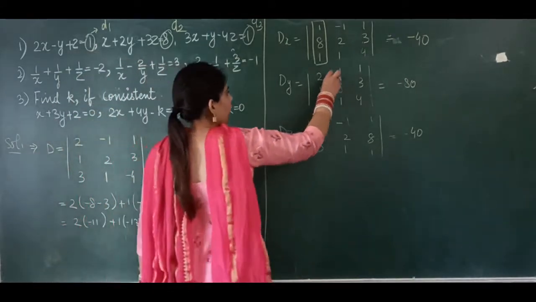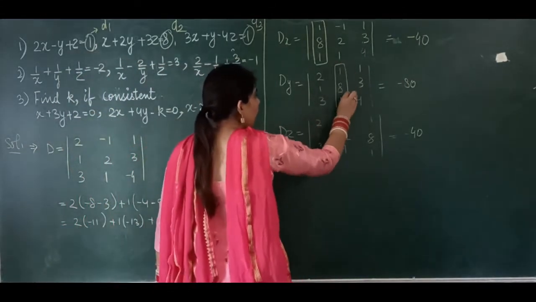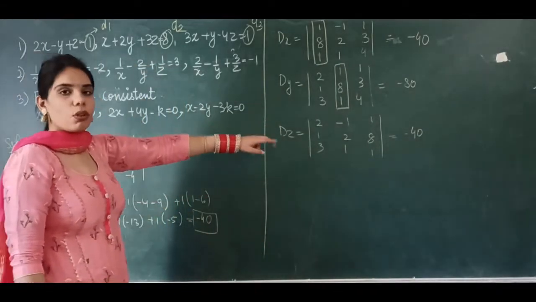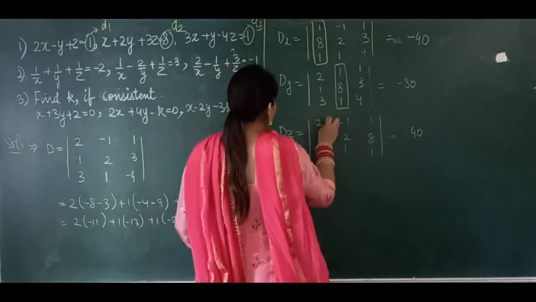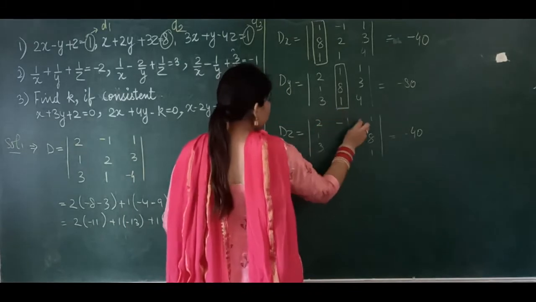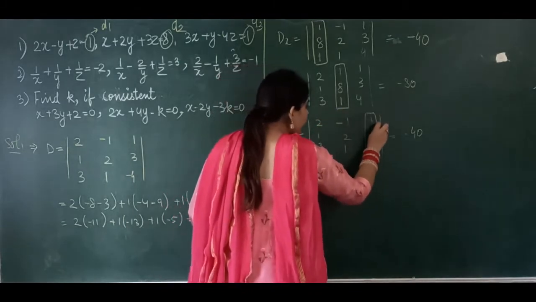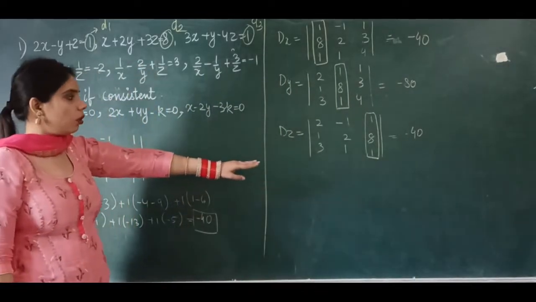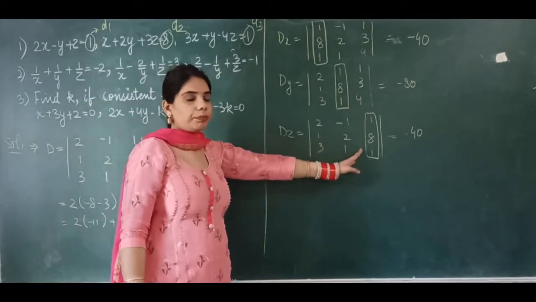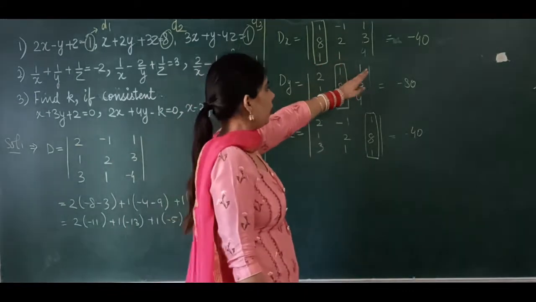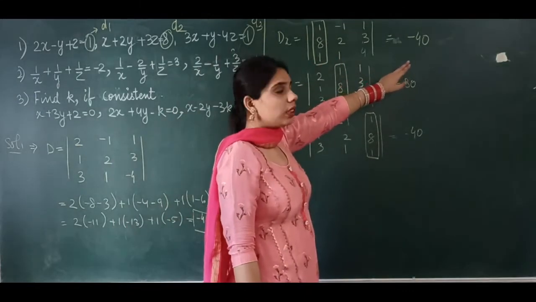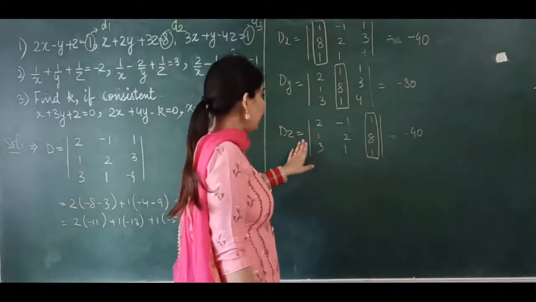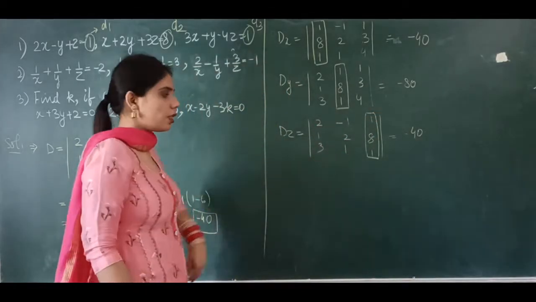In the similar way, when I wrote dy, instead of the coefficients of y, I wrote all the constants. Similarly, here instead of the coefficients of z, I have written all the constants. After expanding, I have already found the values. dx comes out to be minus 40, dy comes out to be minus 80 and dz comes out to be minus 40.